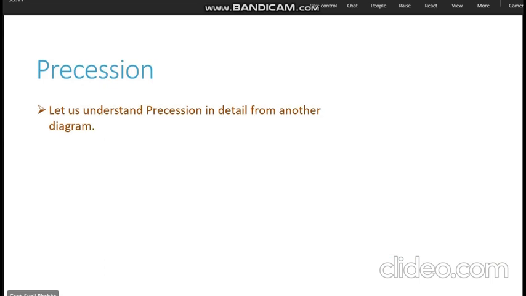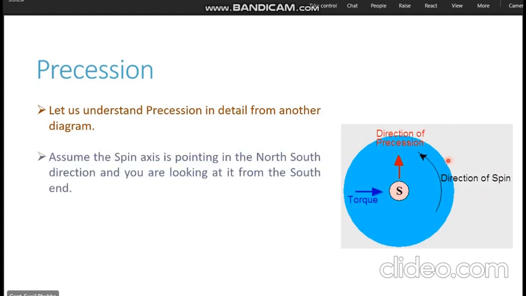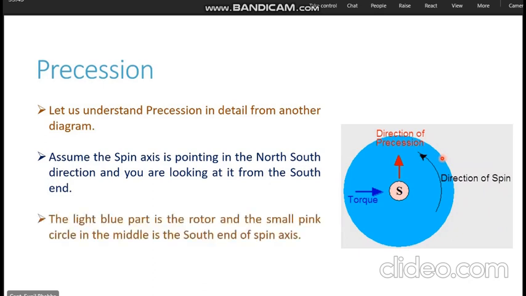We will try to understand it from a different diagram now. Now this diagram, what you see, assume that the spin axis of our rotor is pointing in the north-south direction. So it is pointing in the north-south direction and you are looking at the spin axis and the rotor from the south end.